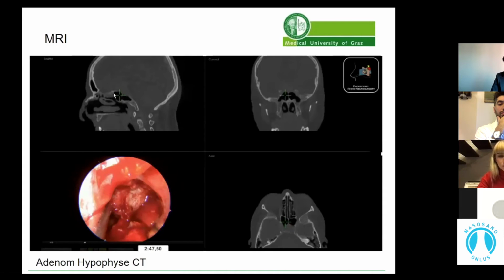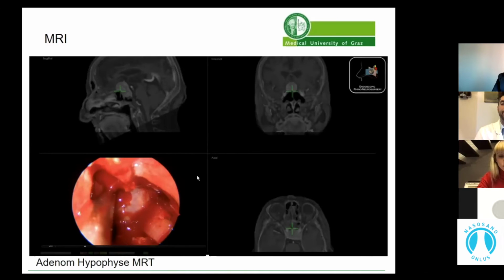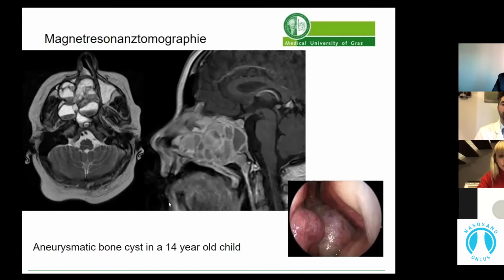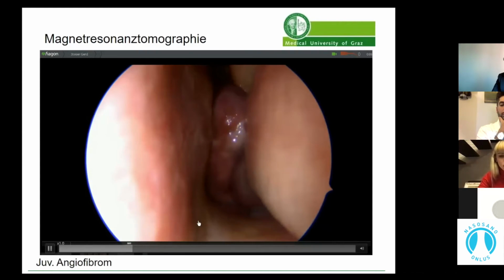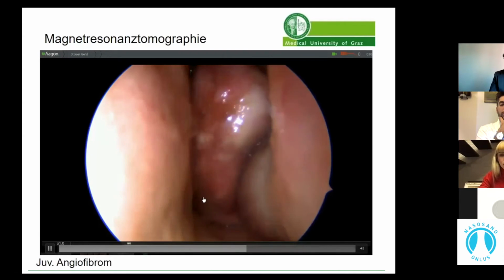But on the CT scan, we can see our bone structures better. Here an example of an aneurysmal bone cyst in a 14-year-old child. And an example of a juvenile angiofibroma in which we would also do an MRI angiography.